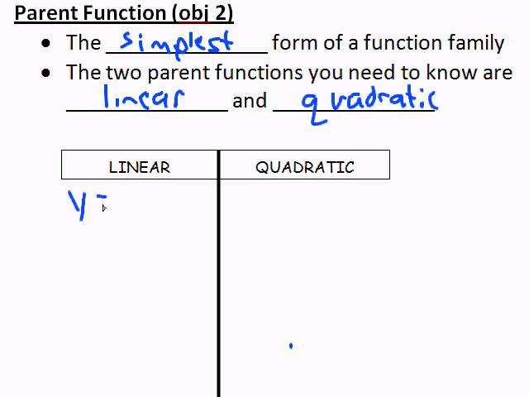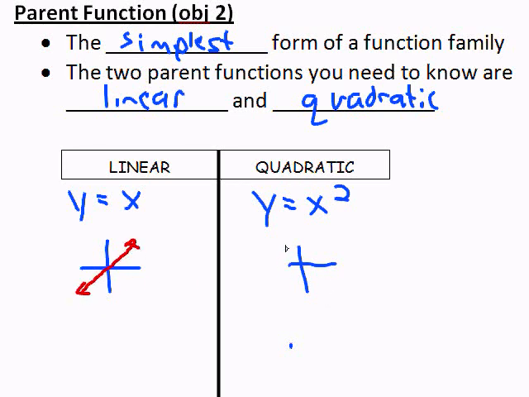Now the linear function is y equals x. That's the linear parent function. Quadratic parent function is y equals x squared. Linear function, when you graph it, you get a line. Quadratic parent function, when you graph it, you get something called a parabola or a U-shape.